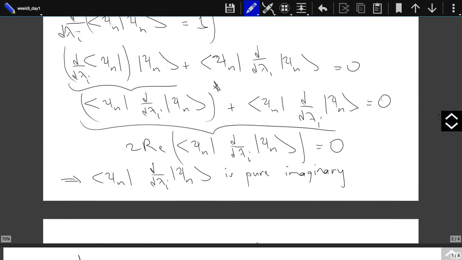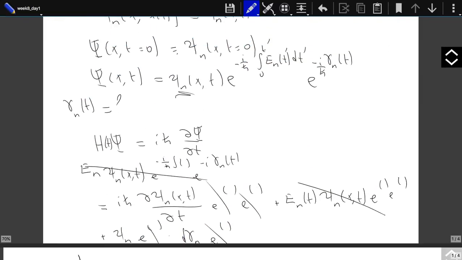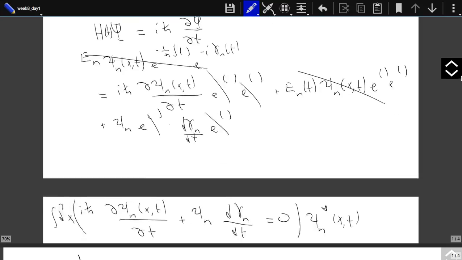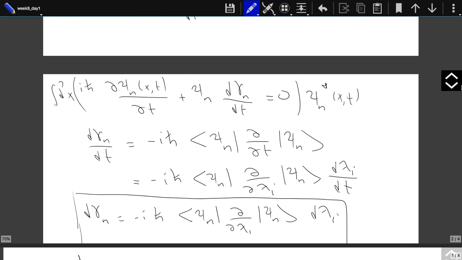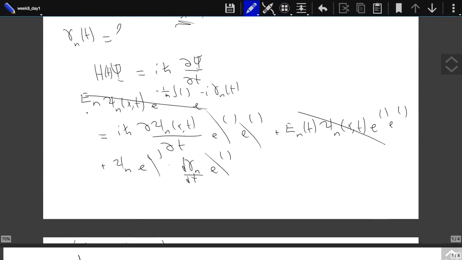If you look at the general expression of gamma, the phase, okay, here we have the proof. This is how we evaluate that phase, and there we say that the only derivative we actually took is the derivative with respect to t.